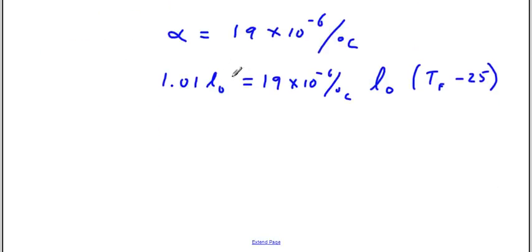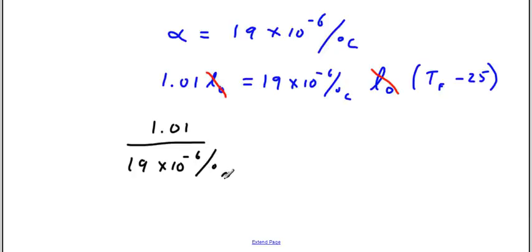Okay, I see that L naught goes away, because I have it on both sides of the equation in a term, and now I've got 1.01 divided by 19 times 10 to the minus 6 per degree centigrade is equal to temperature final, and then I can go, well, plus 25 degrees on the other side.